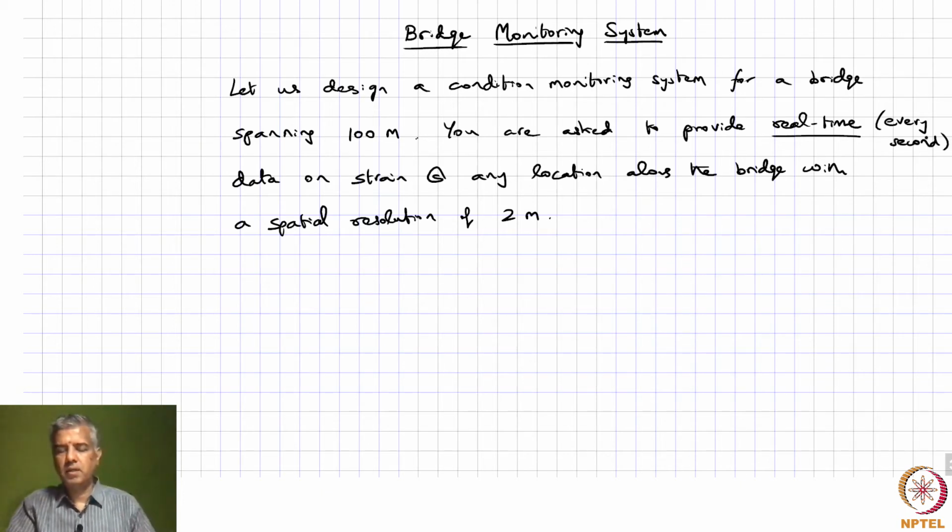That's the kind of requirement you have, and we need to classify that there is some work that needs to be done on the bridge. So we need to define a threshold level in terms of the load at any particular point on the bridge.